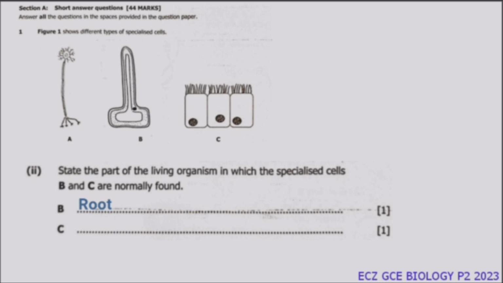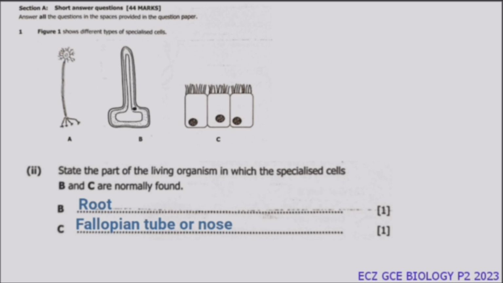C, where are ciliated cells found? The ciliated cells are found in different parts of the body. Some of those parts are fallopian tube and nose. I've just given you two because they want one, so you can pick either fallopian tube or nose.